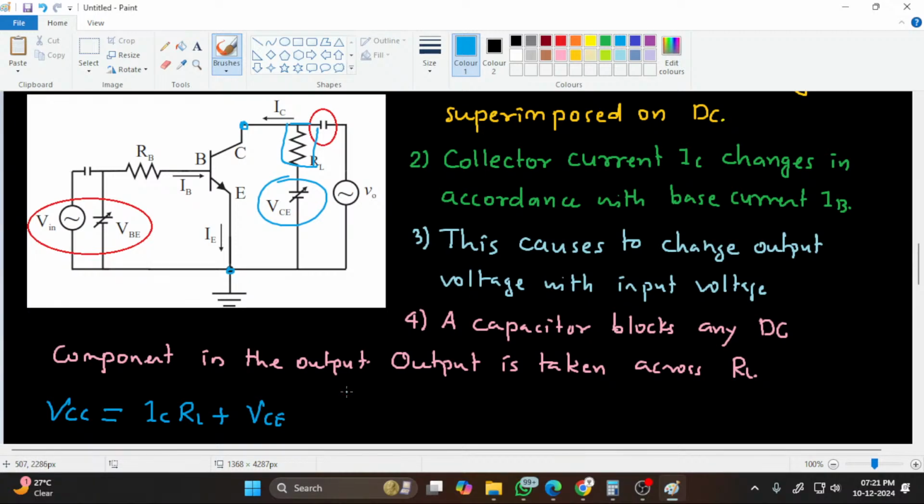Similarly, for the input loop, we have VBB equal to VBE, that is this voltage, plus this IBRB.